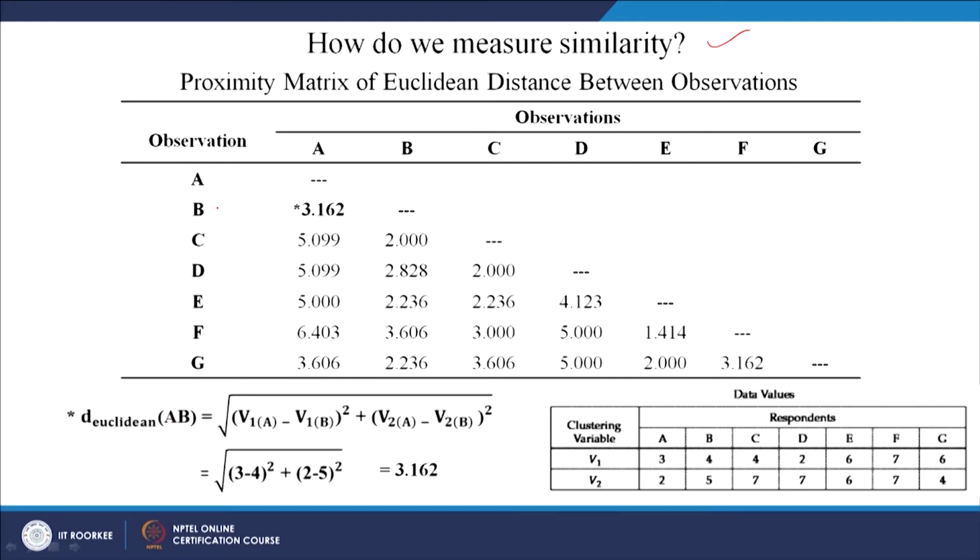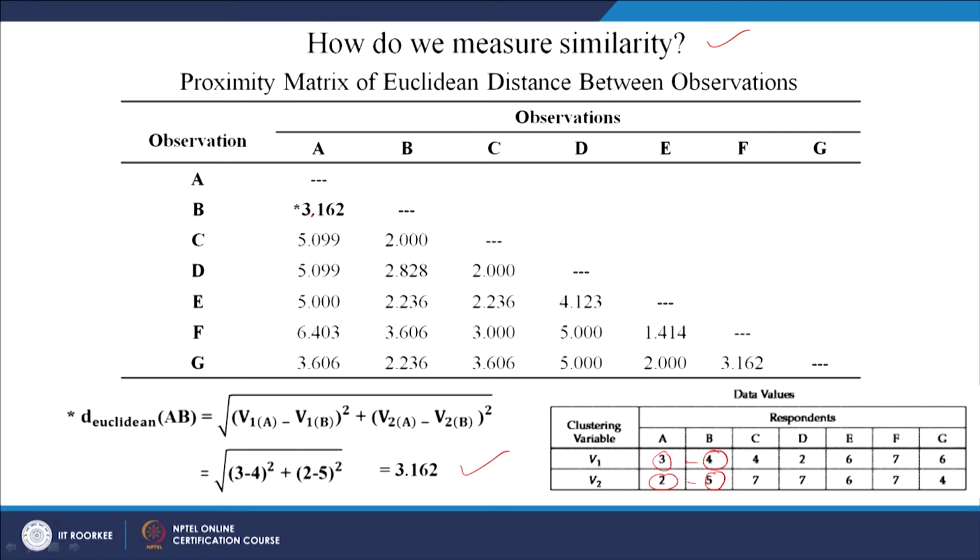For example, for A and B, I have copied the same table here. See A and B. How do I measure the distance? V1A minus V1B, squared, plus V2A minus V2B, squared. So this is 3.162. Similarly you can do A and C, A and D, A and E, A and F, A and G, everything.